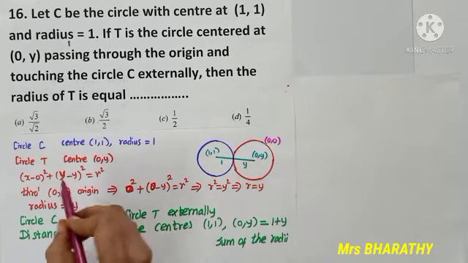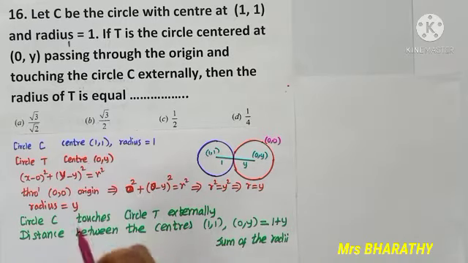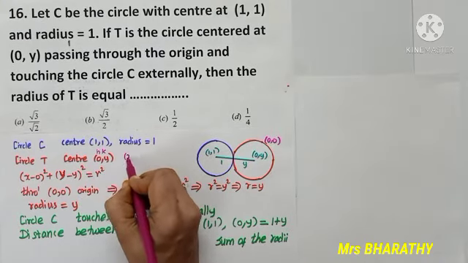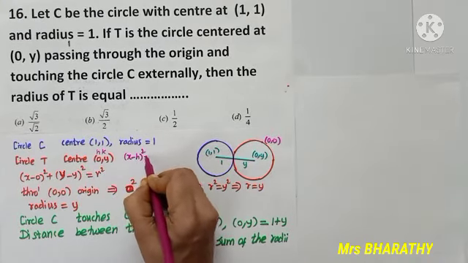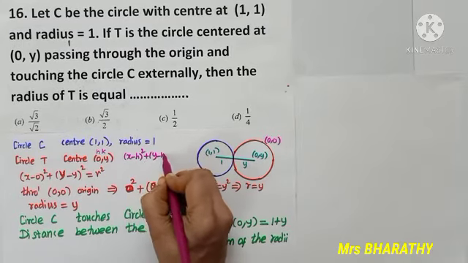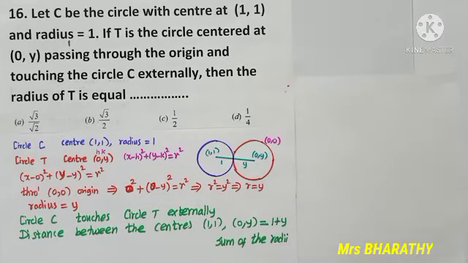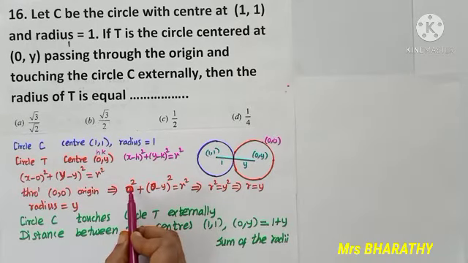We recall the formula. When center is known, treat the center as h, k and we remember the formula x minus h the whole square plus y minus k the whole square equal to r square. As we know, it passes through 0, 0. Wherever x comes, put 0. Wherever y comes, put 0.